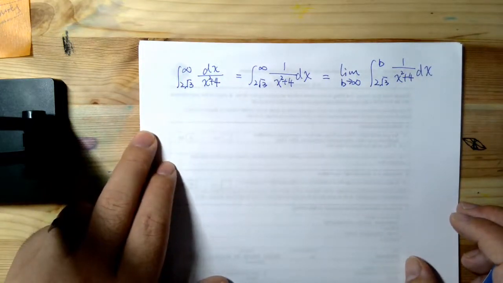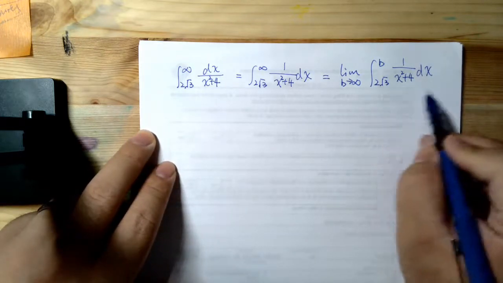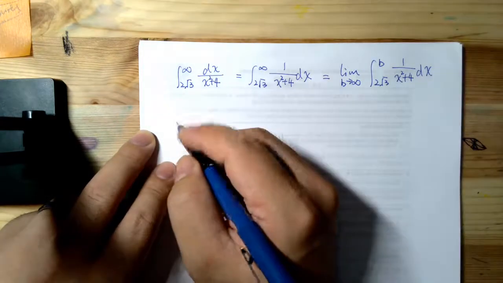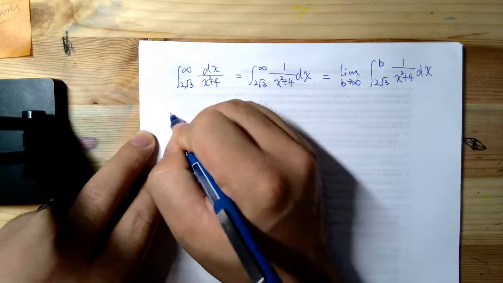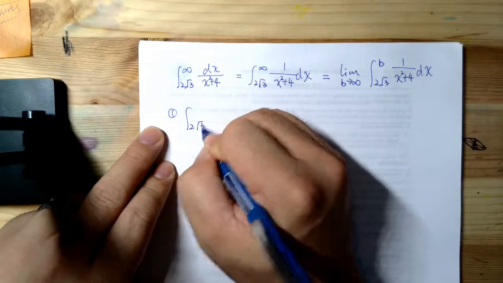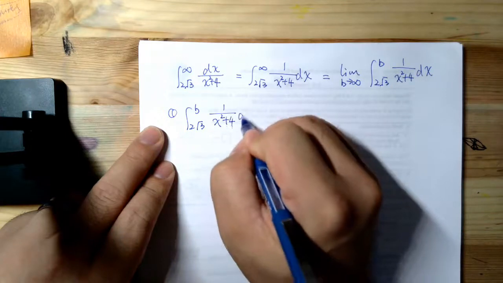Okay. And then the problem becomes, we have to evaluate this first. So let me write it here. Let's look at part 1, the integral from 2 square root of 3 to b of 1 over x squared plus 4 dx.